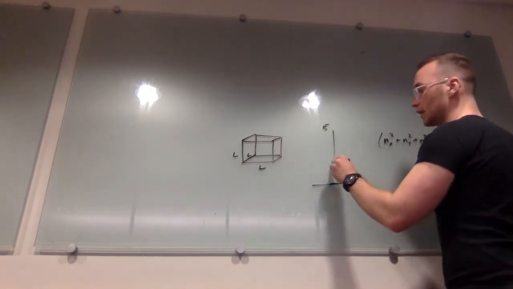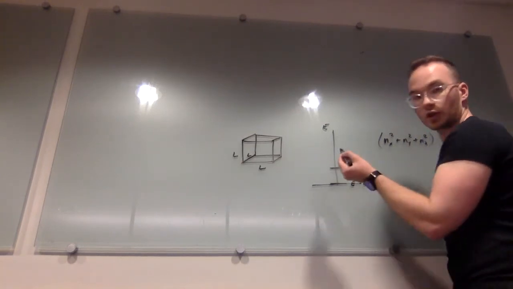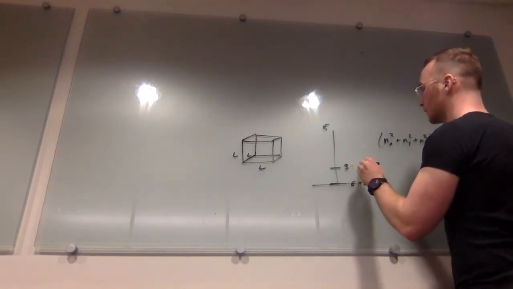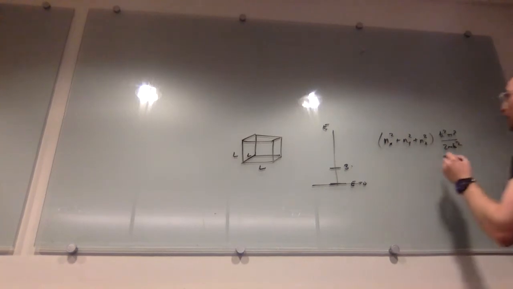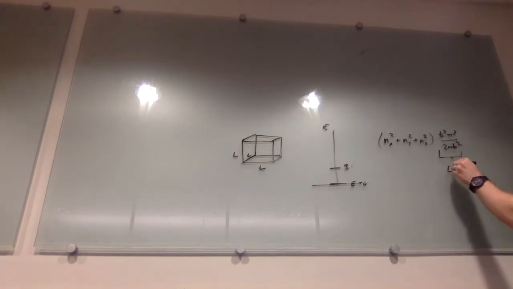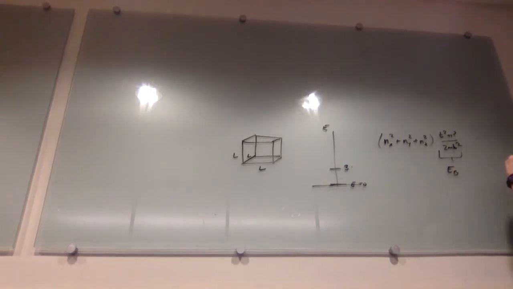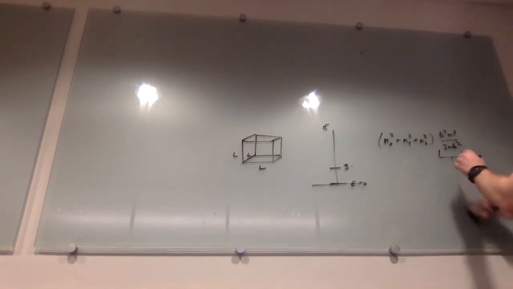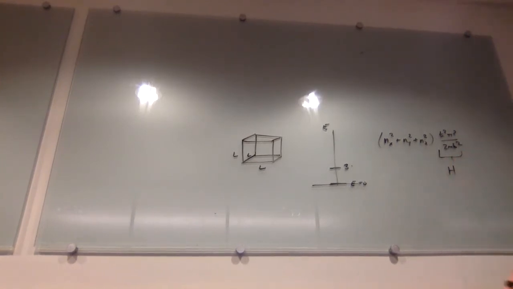And so the ground state is 3 times, well, I'll just call this all H, big H. I'm just naming this big H. No one uses this for anything.